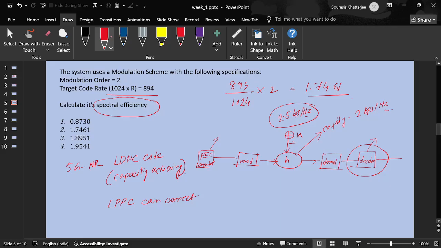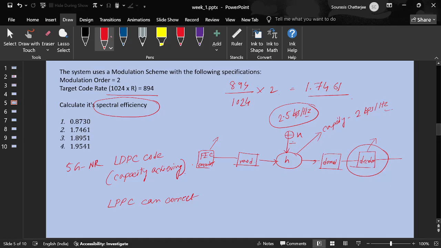If I go beyond my channel capacity, that means I am transmitting more information than I can correct reliably, and that has really nothing to do with LDPC. LDPC or any capacity achieving error correction code can correct as long as you are transmitting below your channel capacity. The moment you go over that, the receiver cannot decode the original message with an arbitrarily low probability.